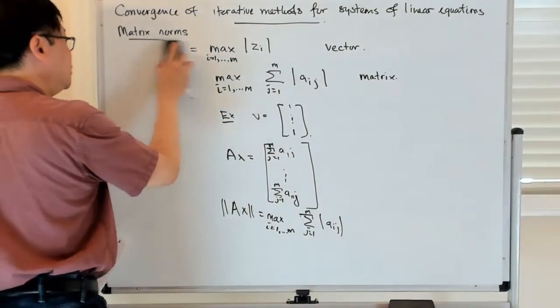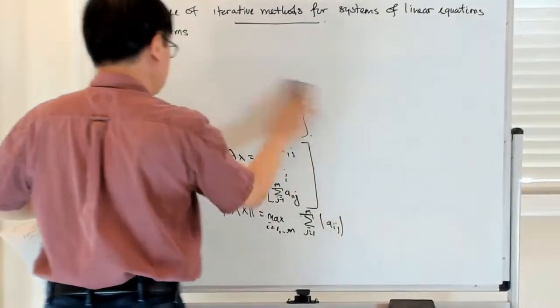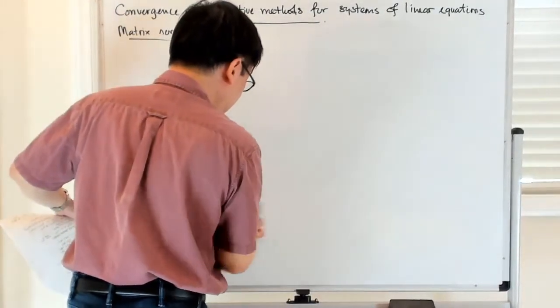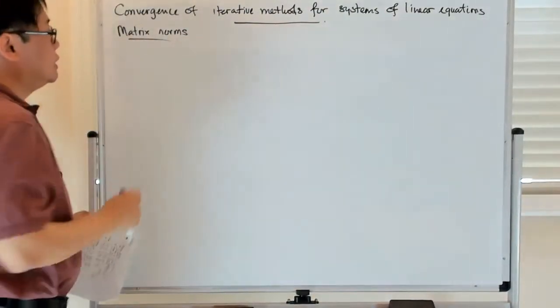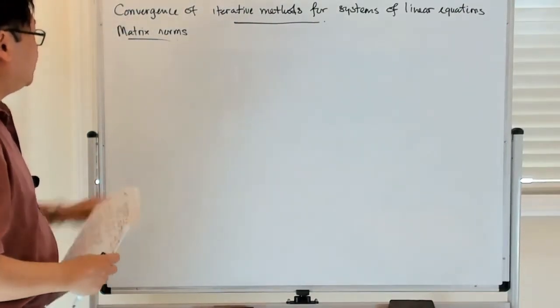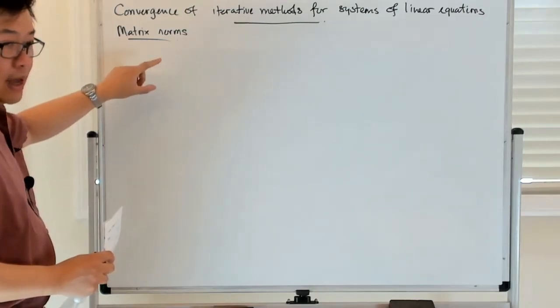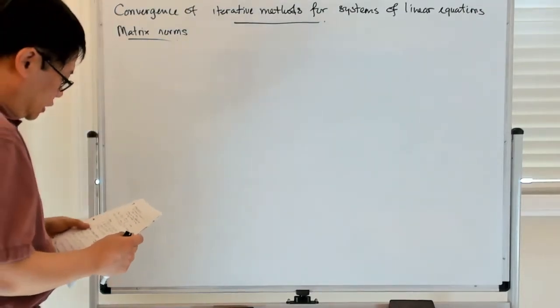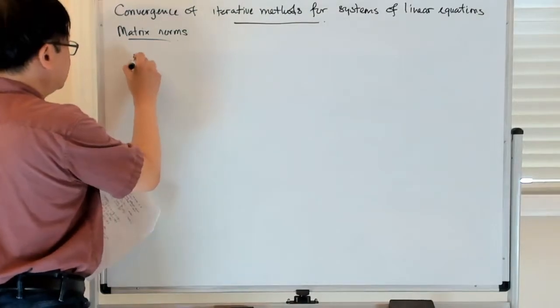Anyhow, that's just an example. The main point, which is relevant in the convergence analysis of the iterative method for systems of linear equations, are the properties these matrix norms have with regard to the vector norms. So the properties are as follows.